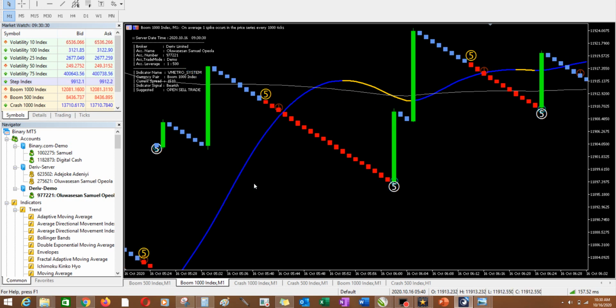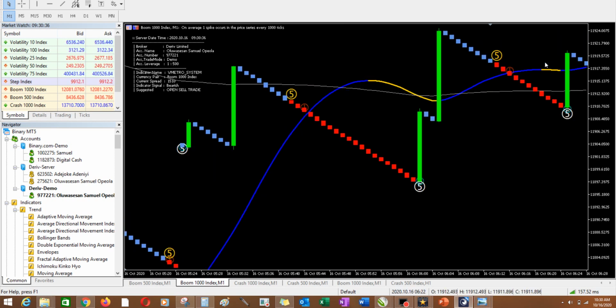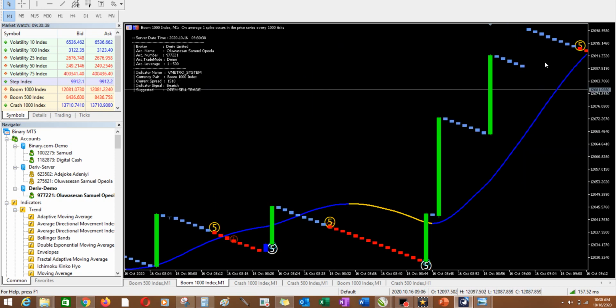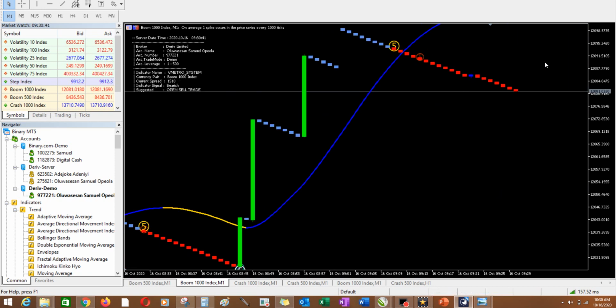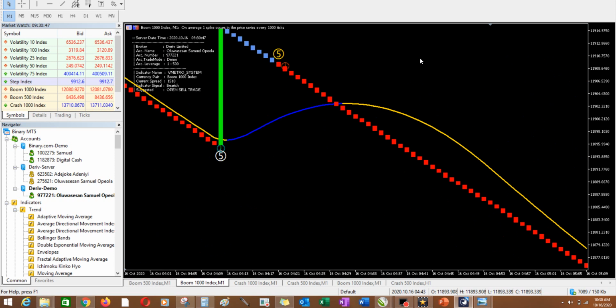You can see at this level it's in blue color, and it shows that the market is in uptrend. Once it is in yellow color, you can see here is yellow, and the yellow was long.